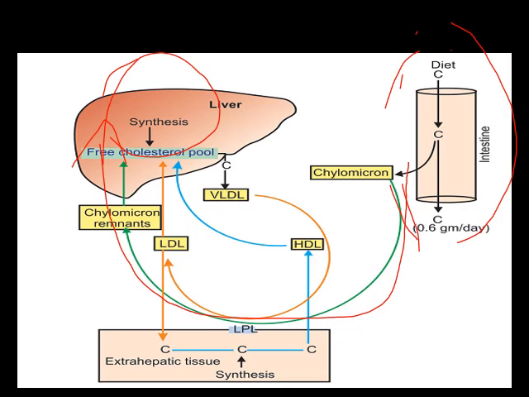Here, the cholesterol in excess of the liver's own need will be exported out into the blood in the form of VLDL. The liver utilizes a little amount of cholesterol for the synthesis of the hepatocyte membrane, and the extra amount will be exported into the blood in the form of VLDL.